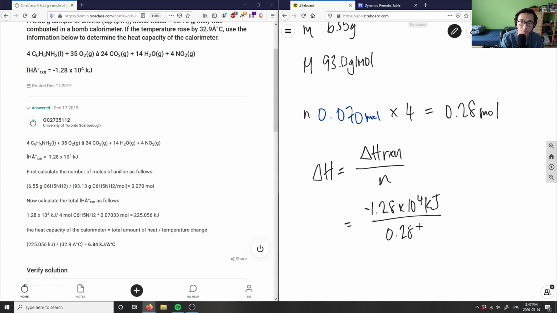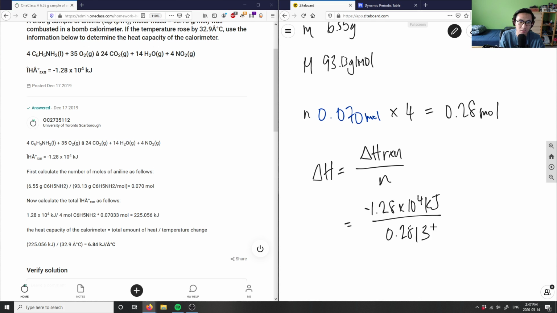Maybe I'll take a couple more decimal places for us here: 0.2813 moles. And these moles are going to cancel out, because I have moles and moles here, so it's actually just going to be 0.2813.